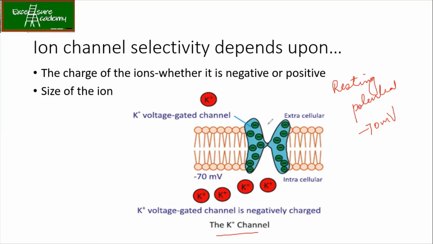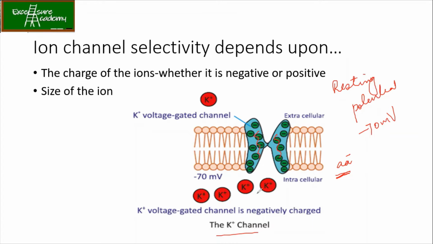So this is suppose your K plus ion channel. It is of course having the negative charge. When I say that the channel is having negative charge, it means the amino acids which are present over here are going to be negatively charged so that they can interact with the plus ions effectively, and then it will help in the selection.